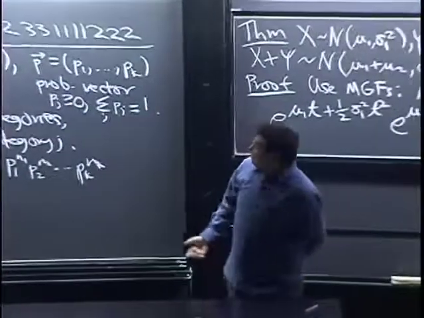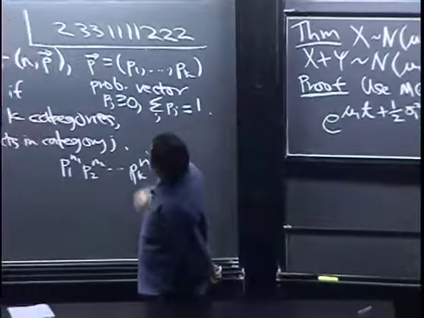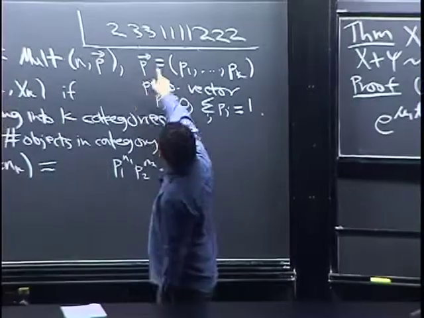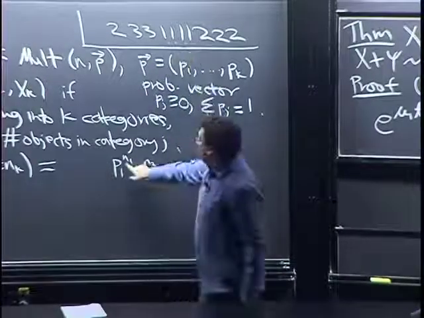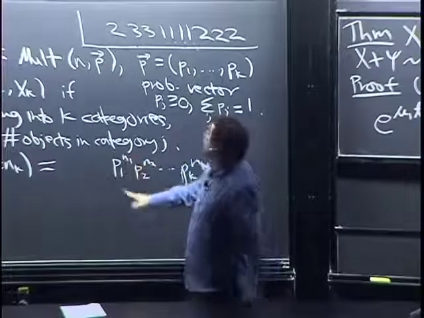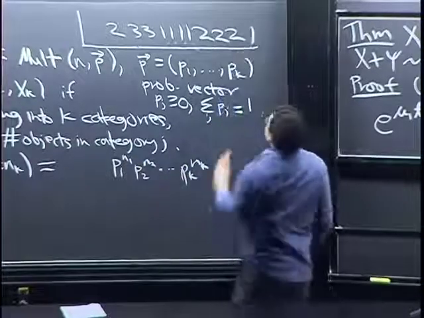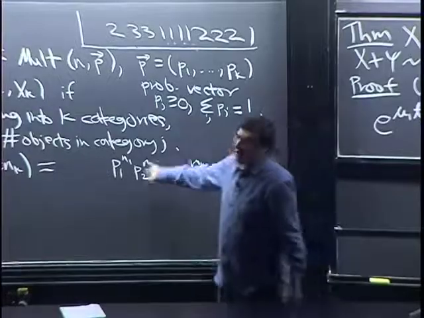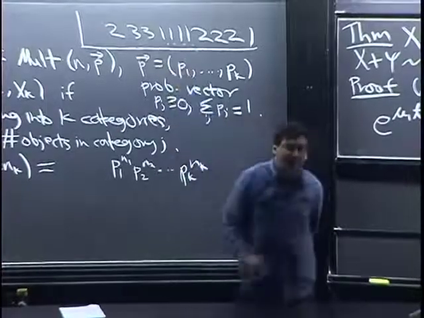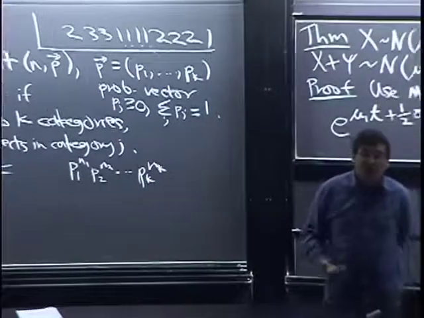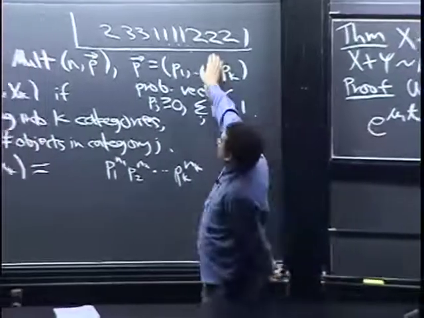So for any particular sequence like this, the probability would be P1, the probability of category 1, to the power of how many 1s there are. Let me put another 1 there. P2 to the power of the number of 2s, and so on. That would be the probability of any specific sequence that has the desired counts. But then we can permute this however we want.